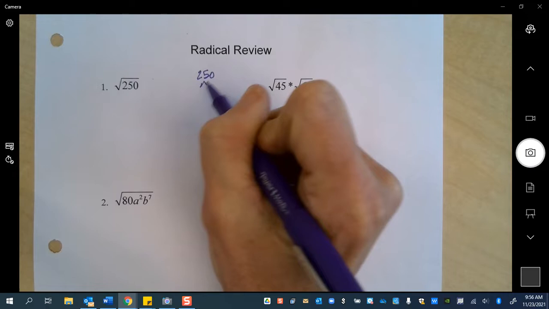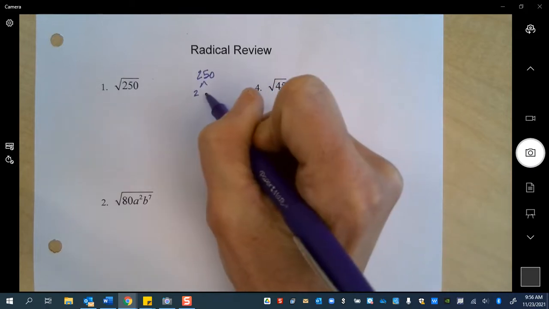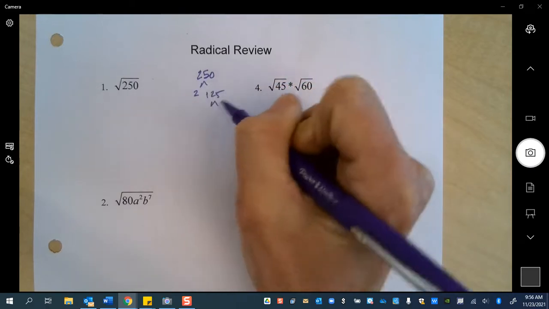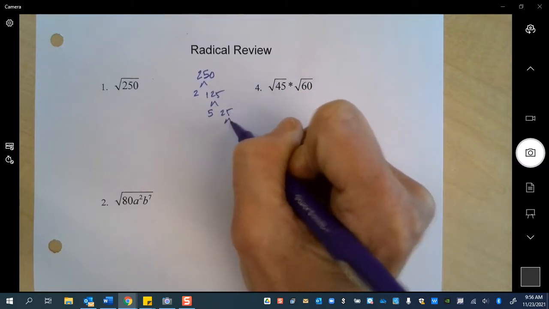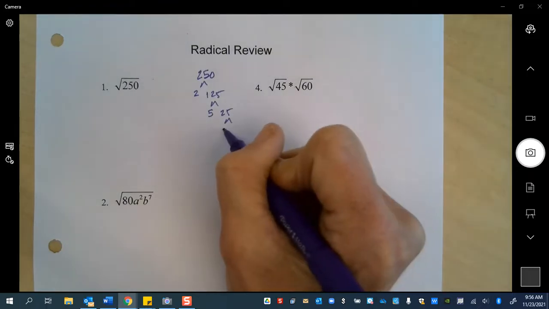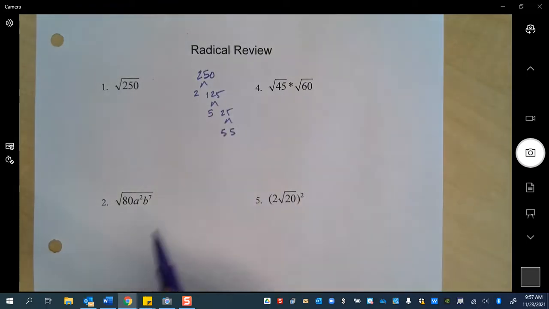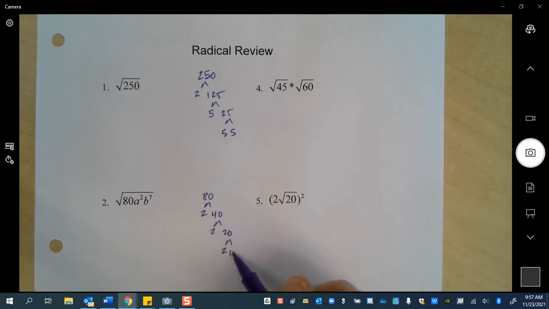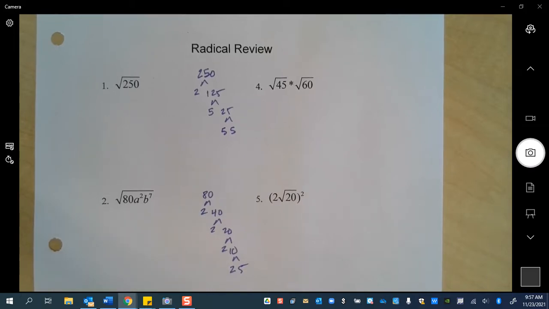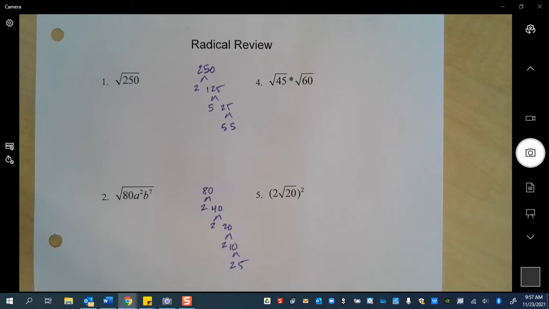Some teachers like to teach divide by 2 and then divide by 5 and then breaking it down. So for me, taking something like 80 and dividing it by 2 and then by 2 and then by 2 and then by 2, this is a waste of my time. So if you need that, feel free to do that tree like that.